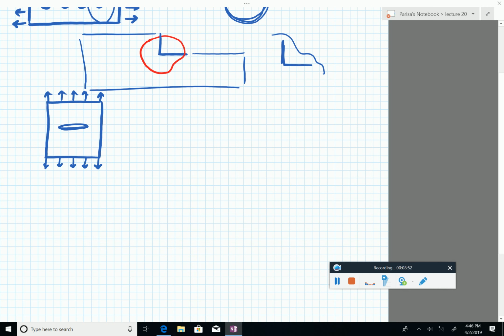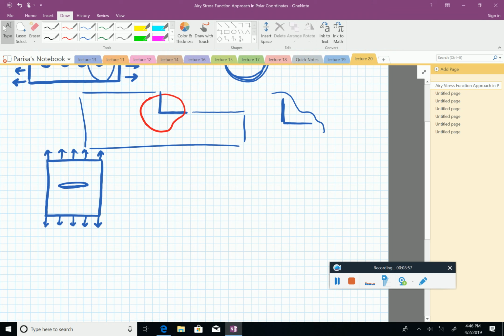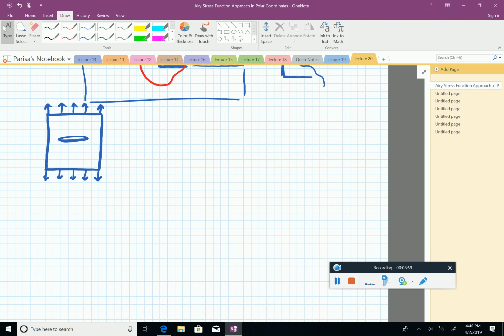So with all that introduction, let's start looking at the formulation in polar coordinates. What we need to do is to go back and start from strain, displacement, and then the constitutive laws. But I'm not going to derive anything. I'm just going to write down the necessary part and refer you to the book for the other equations, because the list is long.